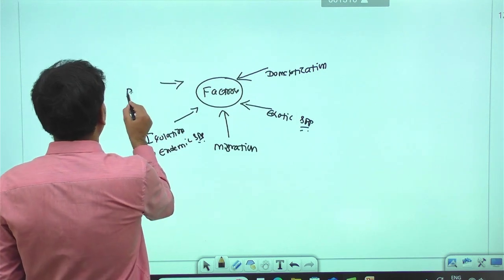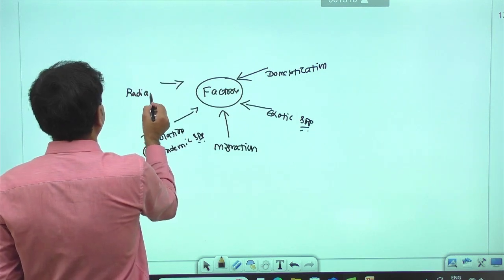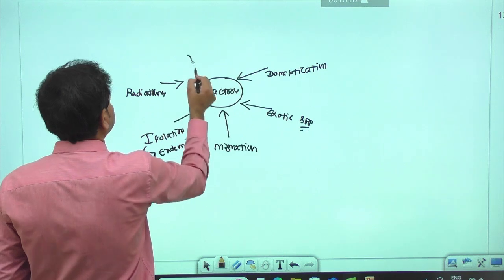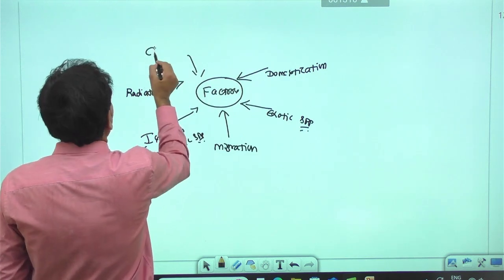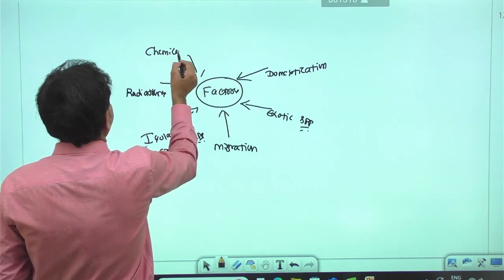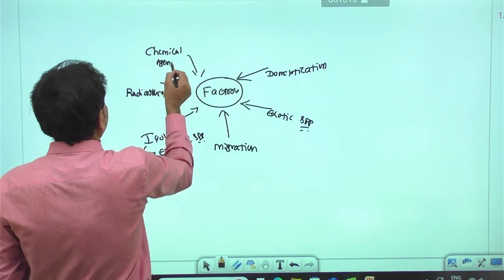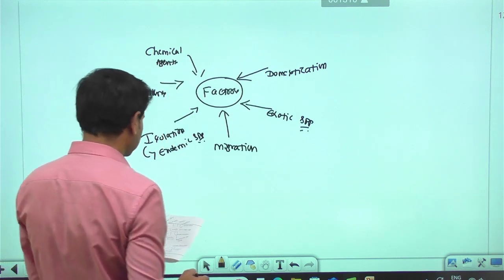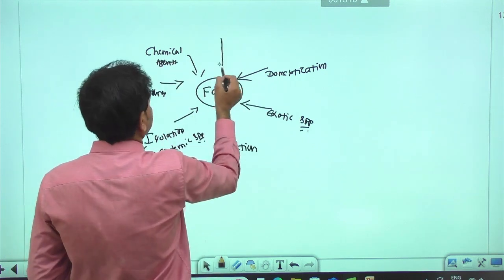Then, whenever the organism is exposed to radiation over the period, changes can be possible, and chemical agents, due to which the development of induced mutant varieties can be possible. Then natural forces.